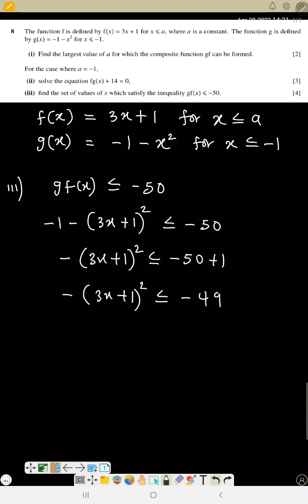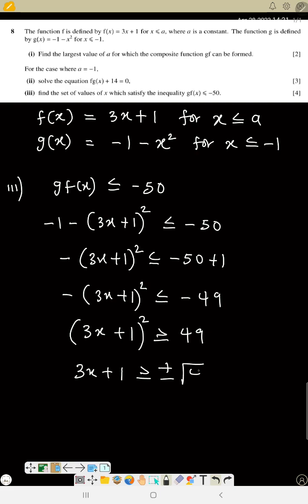So if you divide both sides by minus, the symbol will change. So 3s plus 1 squared will be greater than or equal to 49. So to remove this square, it means it's plus or minus. So remember, this will be 3s plus 1 is greater than or equal to plus or minus root 49.